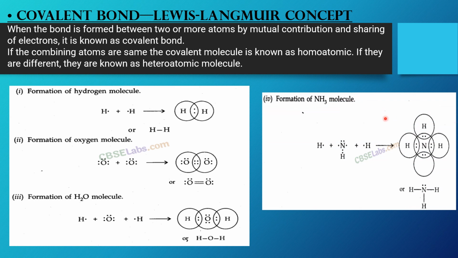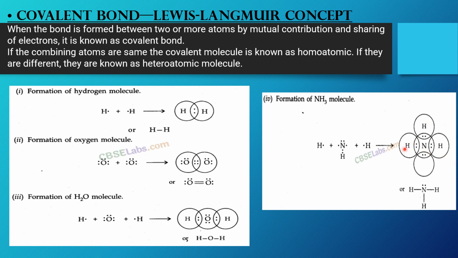Next, the formation of ammonia. Here there is one nitrogen and three hydrogen atoms. Nitrogen contains 5 electrons in its outermost shell, and it will be shared with the hydrogens. Here we can see the nitrogen bonded to the 3 hydrogen atoms.